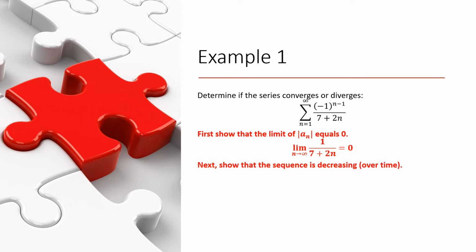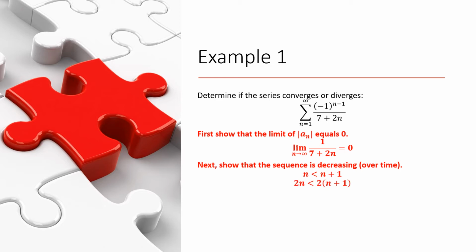The second thing I'm going to do is show that it decreases over time. Now again, remember, I can either take the derivative or I can show that the term that I'm on is greater than the next. For this one, I'm going to show that the term that I'm on is greater than the next. So I'm going to start with n being the term that I'm on, and the next is n plus 1. So n is less than n plus 1. And now I'm going to build my series.